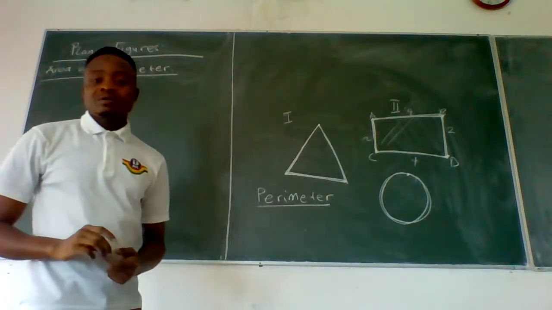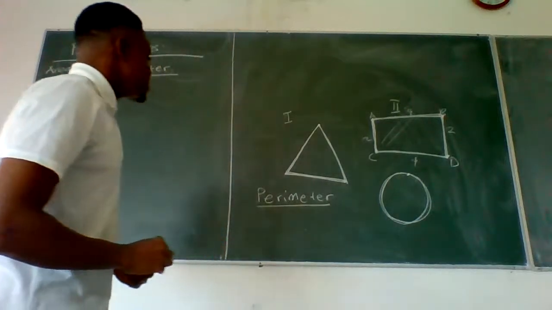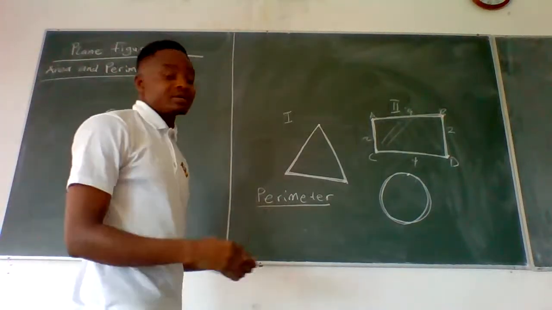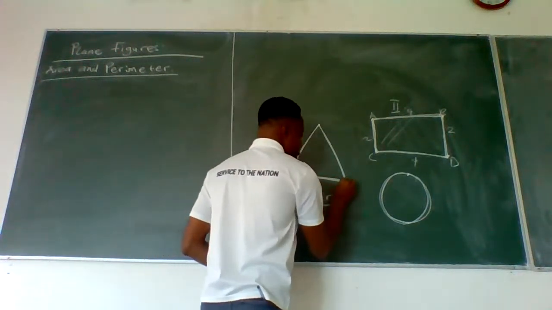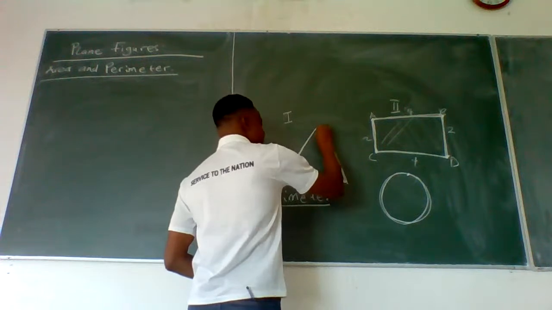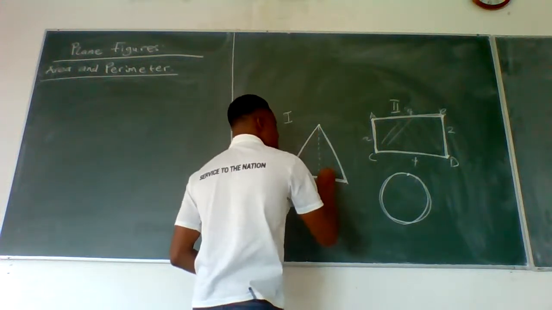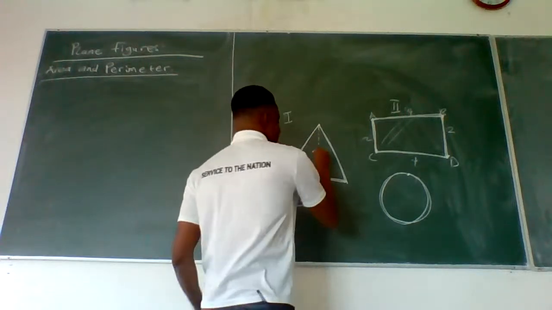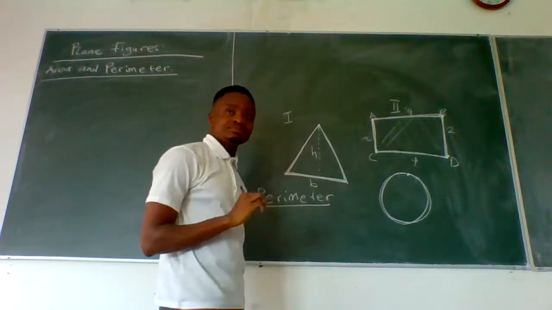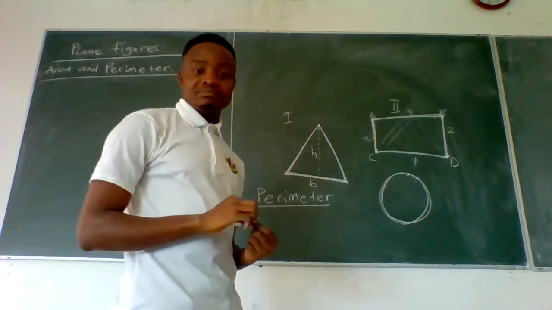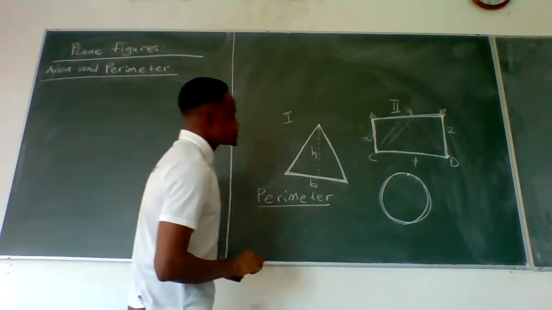But before you can calculate the area of a triangle, you have to know the nomenclature or the properties of the triangle. You have the base, which is this one, and then it has a height. Let me show you: this is the height of the triangle, and this one is the base. So that is the brief description of a triangle.